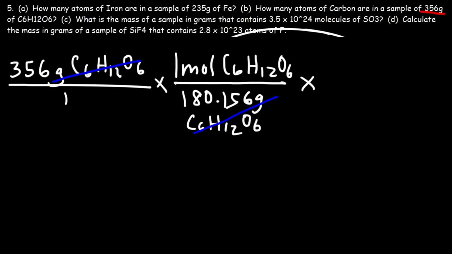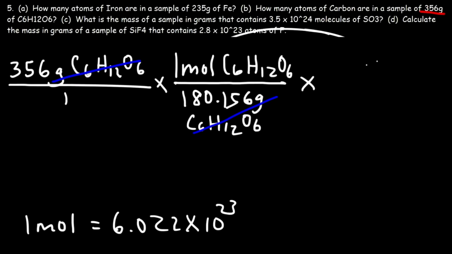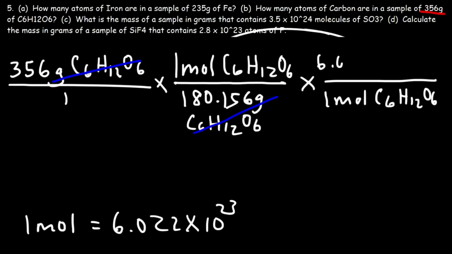Now let's use Avogadro's number. Let's use the fact that 1 mole is equal to 6.022 times 10 to the 23. So we could say 1 mole of glucose has 6.022 times 10 to the 23.